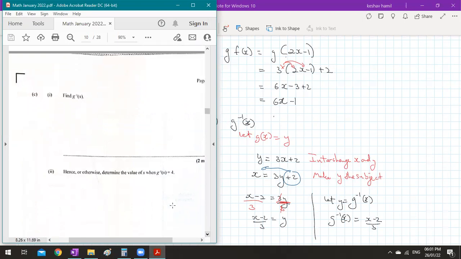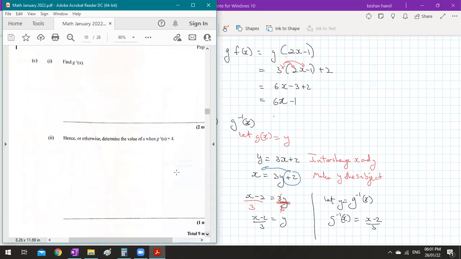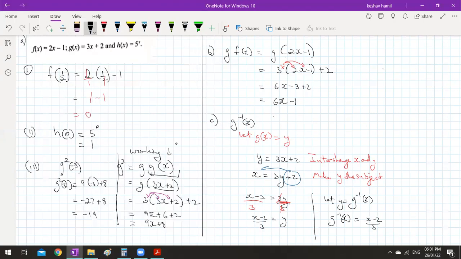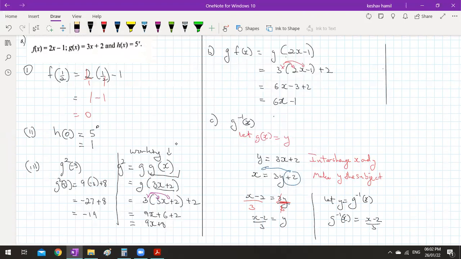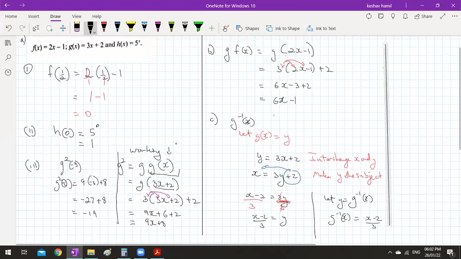Hence, or otherwise, determine the value of x when g inverse equals 4. So this is g inverse of x is equal to 4. So therefore 4 is equal to, let's say, x minus 2 over 3.